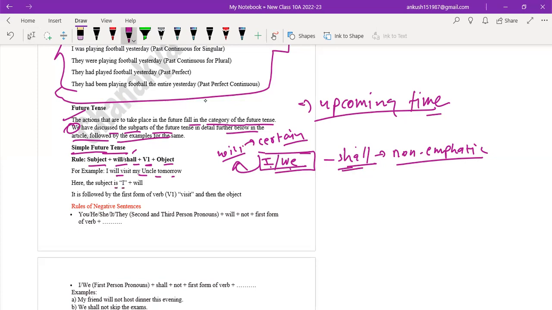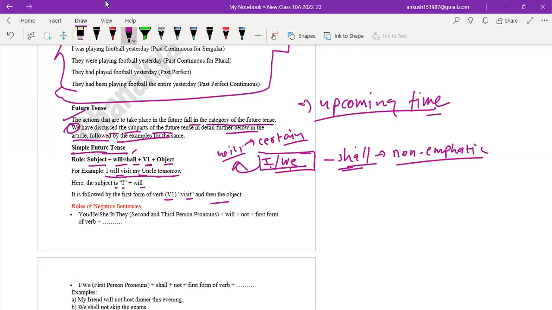Here the subject is I plus will, followed by the main verb first form, visit, and then the object. What is the object over here? Can you explain? Is it uncle?